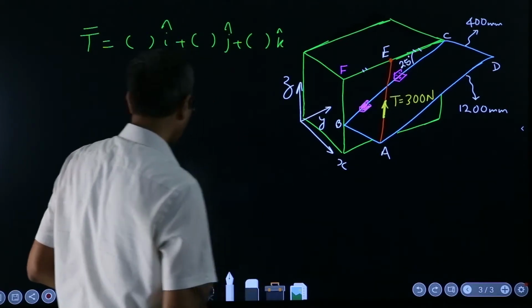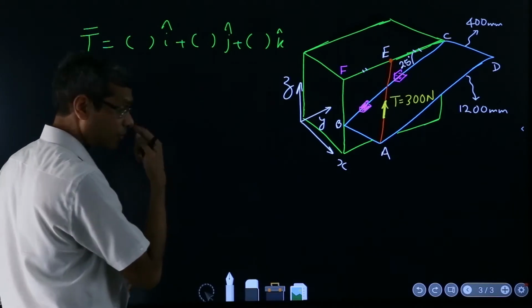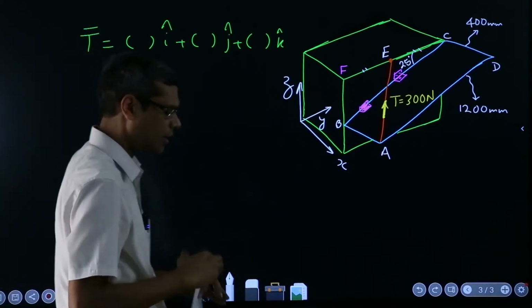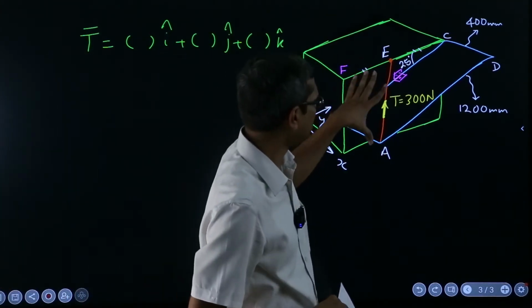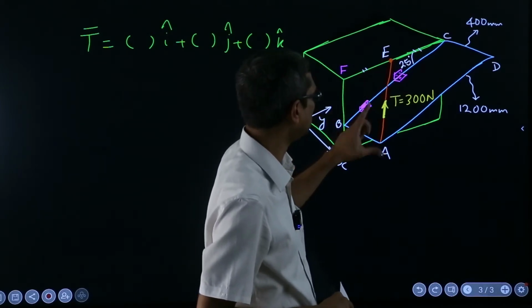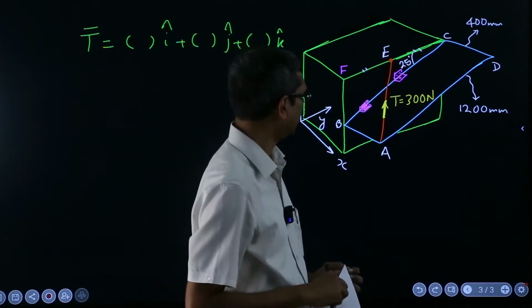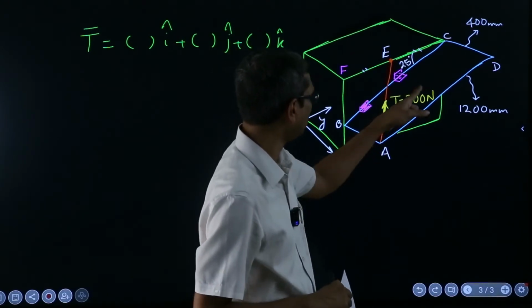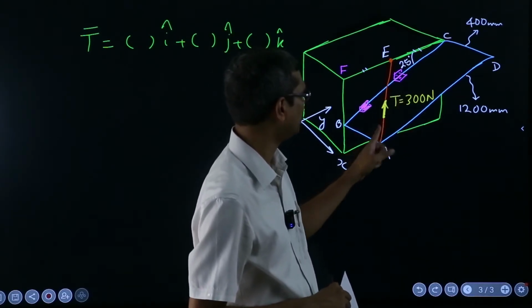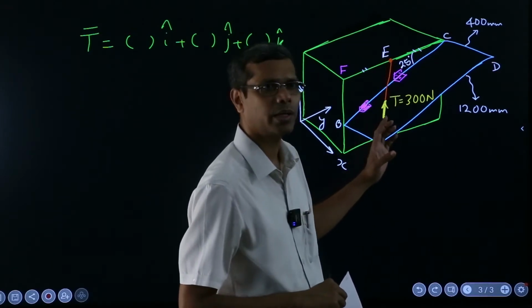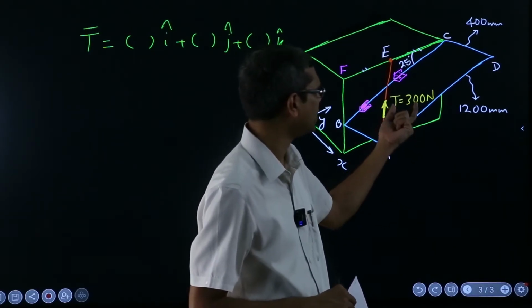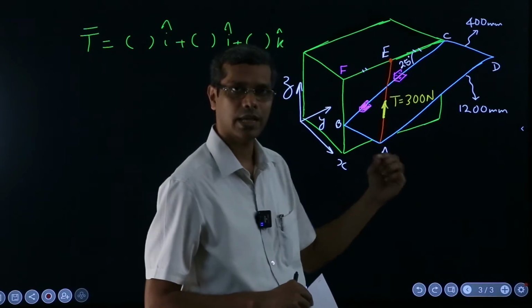Now as we know, we have to go from the tail to tip. First thing is this picture represents this force pictorially. That means the unit vector is represented by the picture and the magnitude of the force is given as a number.